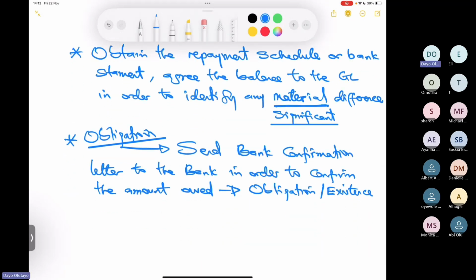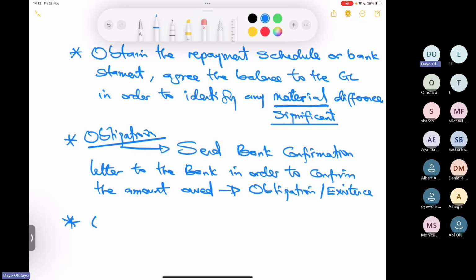Okay. What else can we do? We can also request for the board approval, because the company cannot just go and take a loan from the bank without the board approval. That also affirms existence.